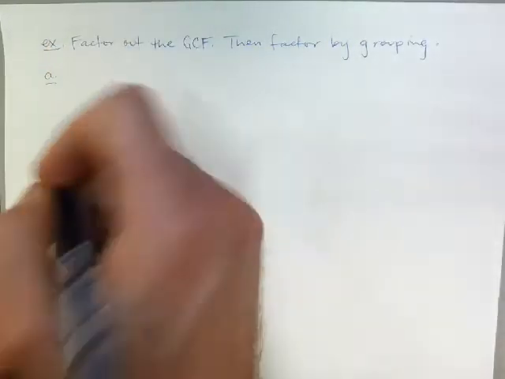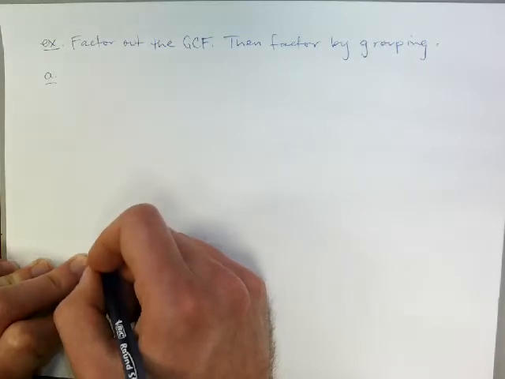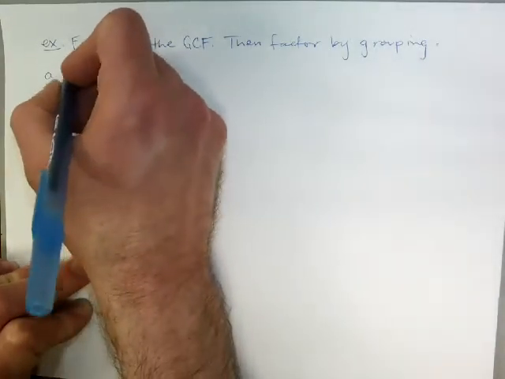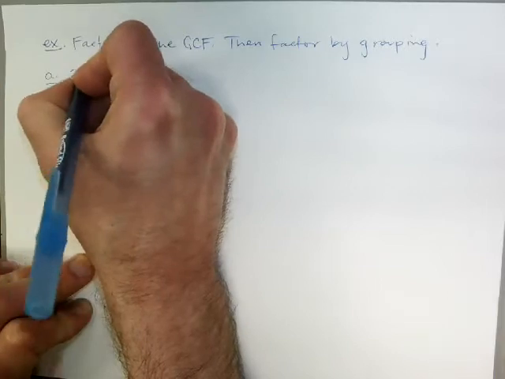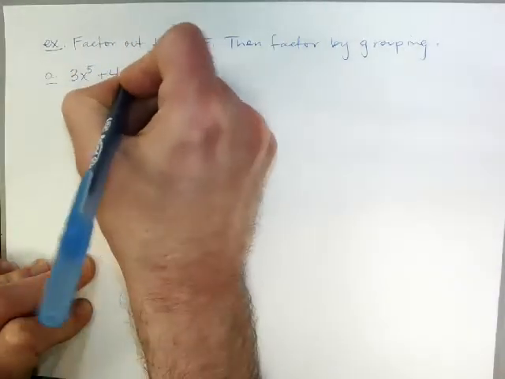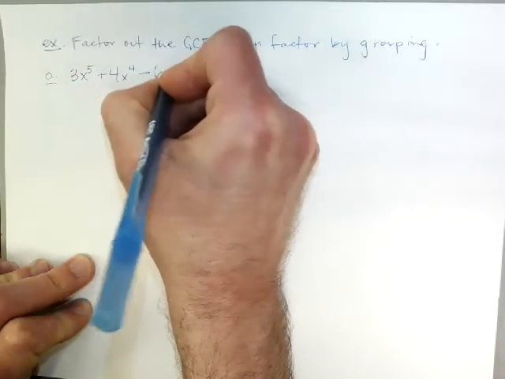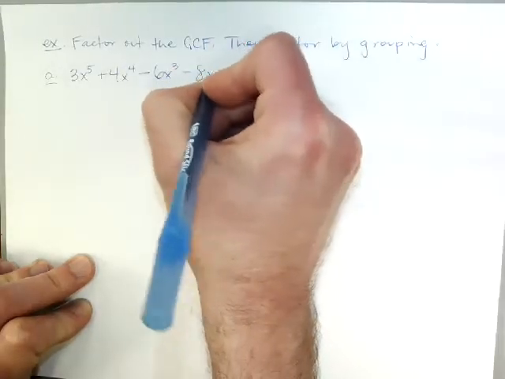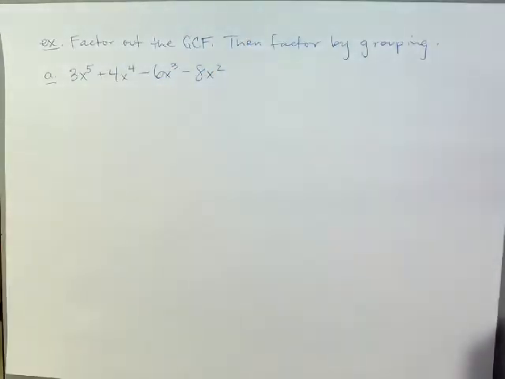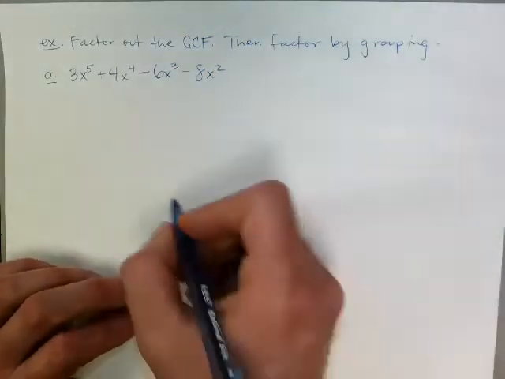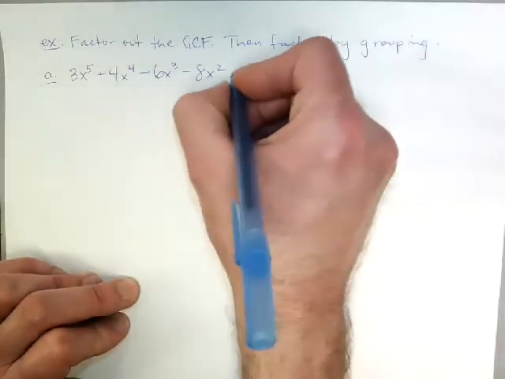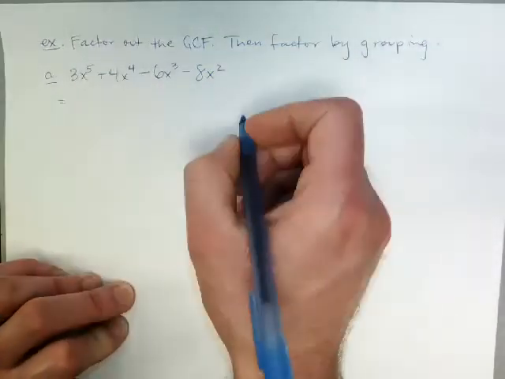So I'm going to do one, and then I'll give you one to do also. So let's do 3x to the 5th plus 4x to the 4th minus 6x cubed minus 8x squared. Start by getting your GCF out of there.